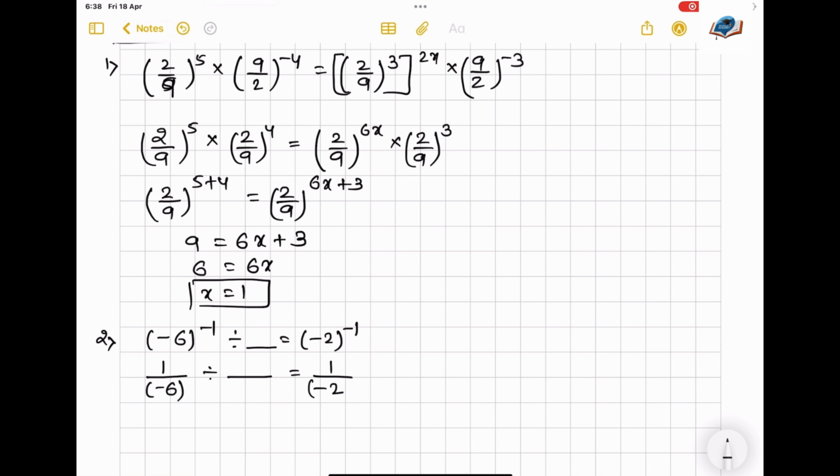So to find the unknown number, here it is divide. So if I take this on that side, it will be multiply. So minus 6 upon minus 2. Minus minus cancel, 3. So if I divide it with 3, I will get my answer.